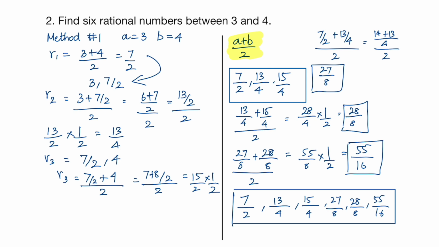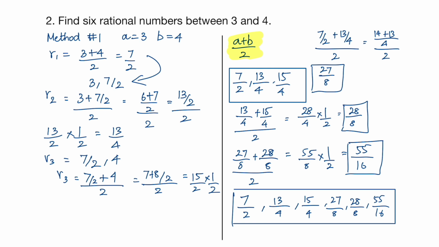Now these are rational numbers, and for you to check, you can just find the value of each and see if it is in the range 3 and 4. 7 by 2 would be 3.5, that lies right in the middle, and 4 times 3 is 12, 4 times 4 is 16. So any number between that range would obviously be a rational number.